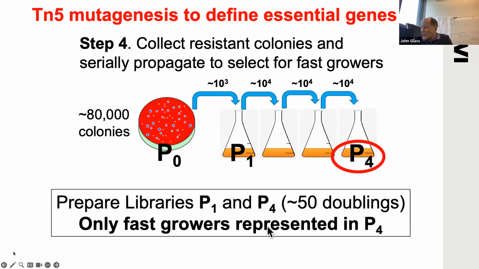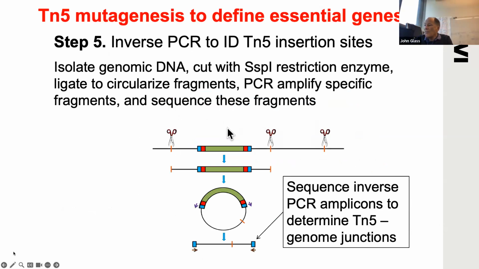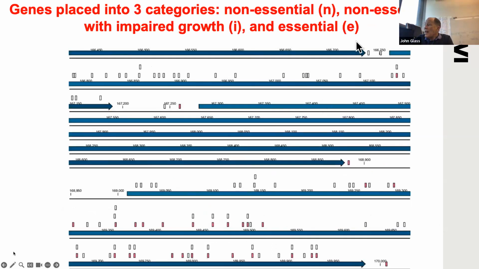Note that only fast growers are present in P4. Then we cut the genomic DNA and sequence out from the transposon to identify the sites where the DNA inserted. Wherever the transposon inserts in this map, it's either a white box or a red box. The white box is library 1, for passage 1. The red box is for passage 4.